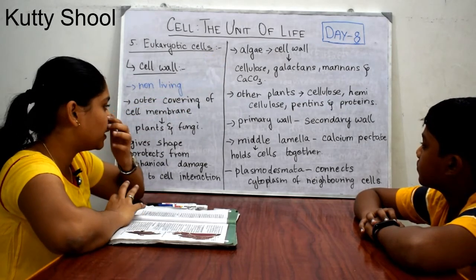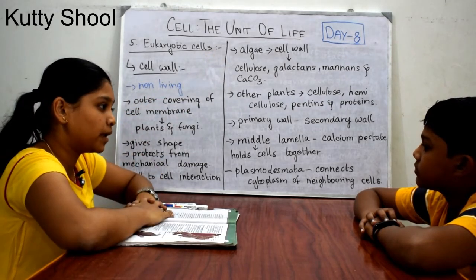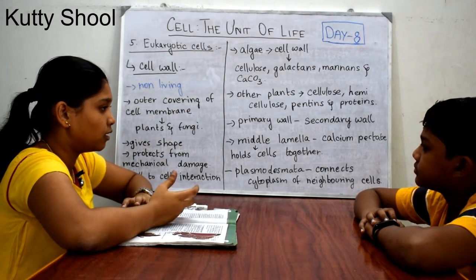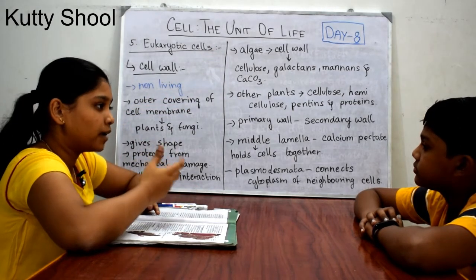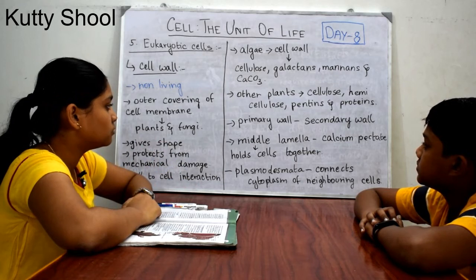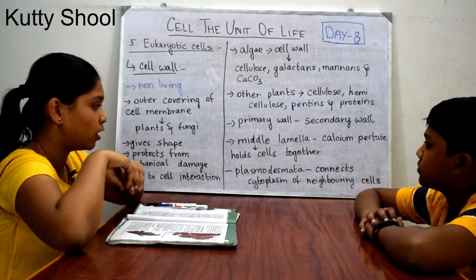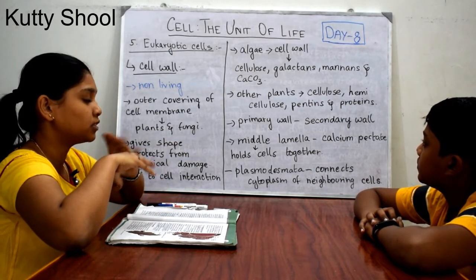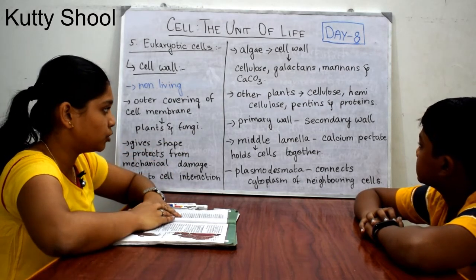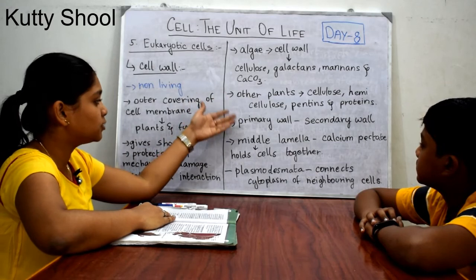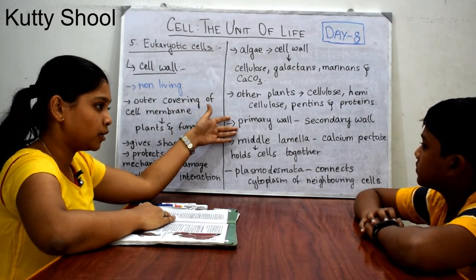So generally in plants, when the plant body is primary, they develop a primary wall. The new cell develops a primary cell wall, and later when it matures, this primary wall has the capacity to divide and grow.